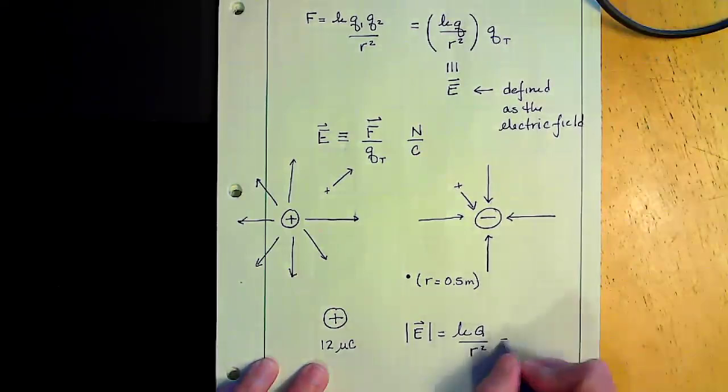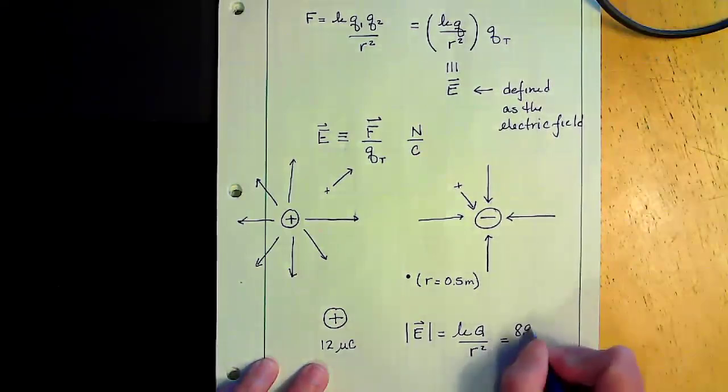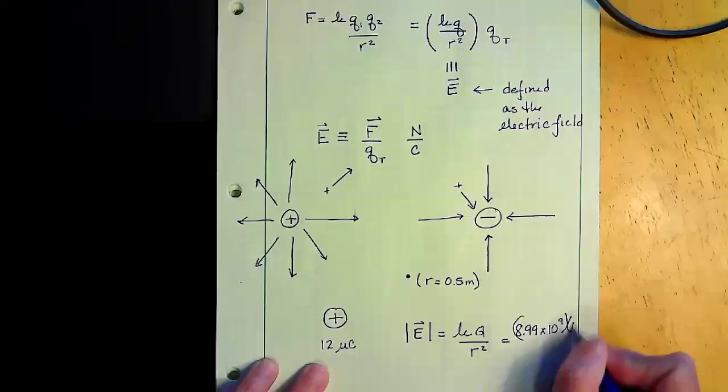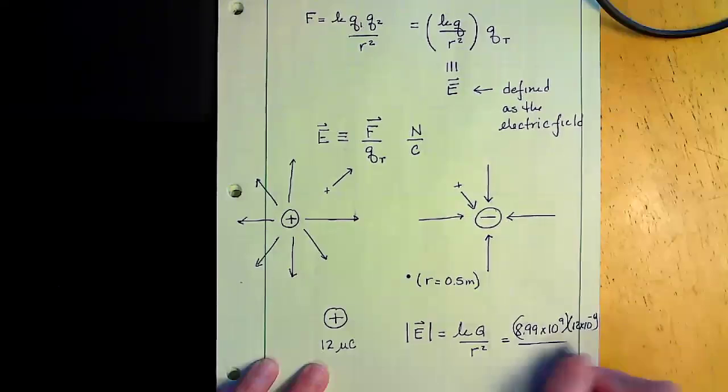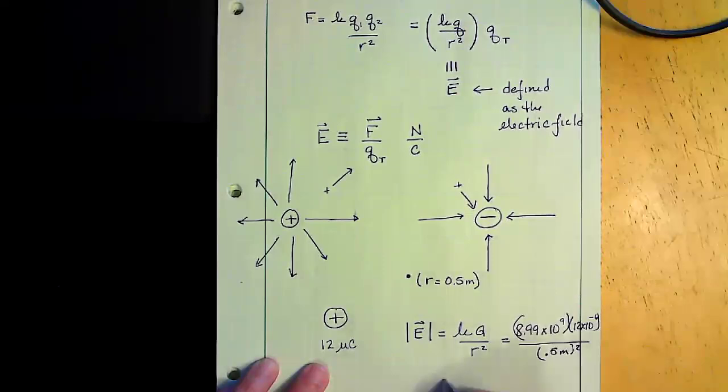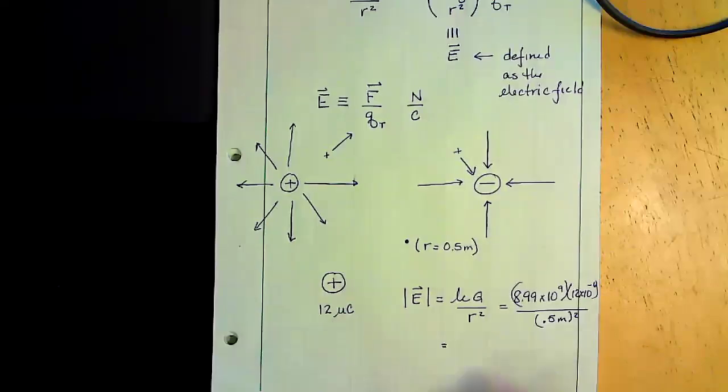So in this case, my K is still 8.99 times 10 to the 9th. My charge is 12 times 10 to the minus 6. And my radius is going to be 0.5 meters squared. That is going to be my electric field. We can plug that into the calculator.